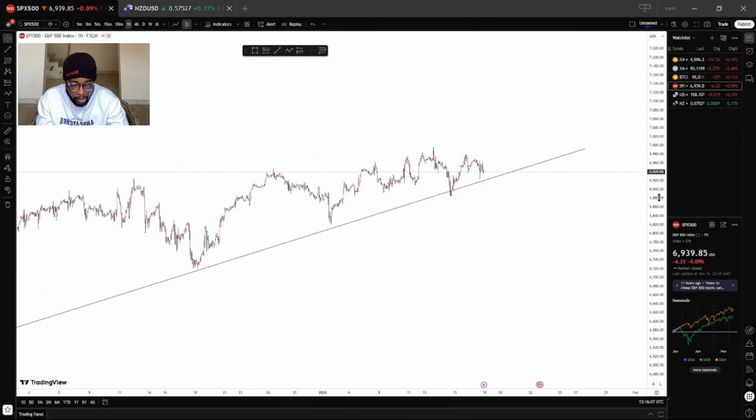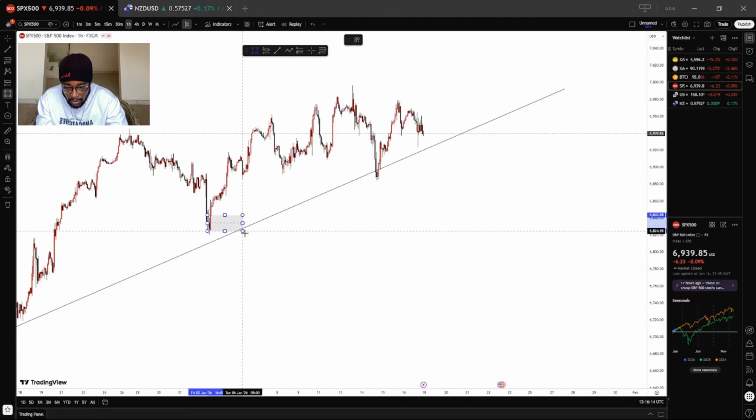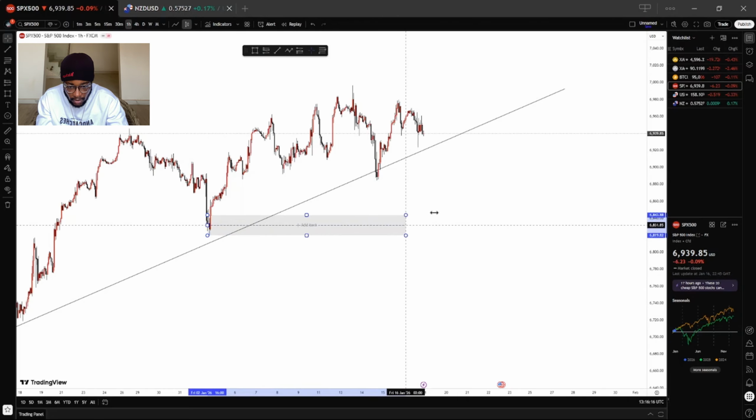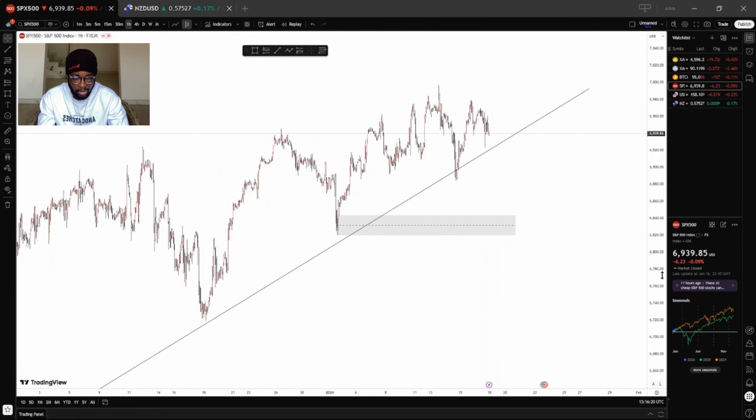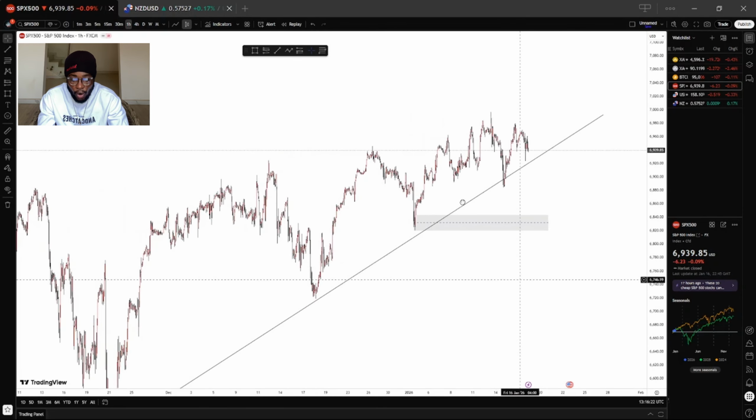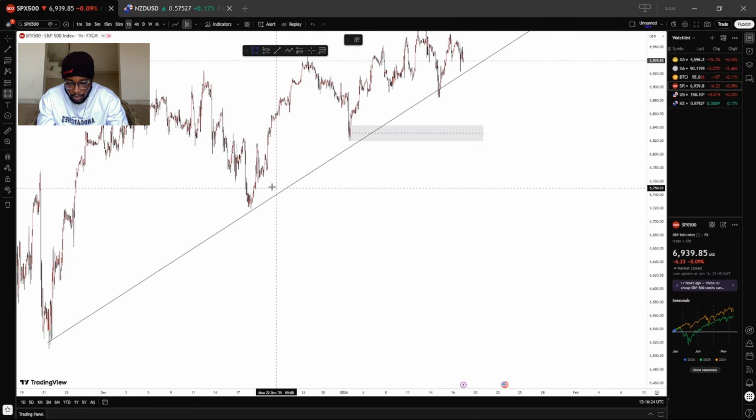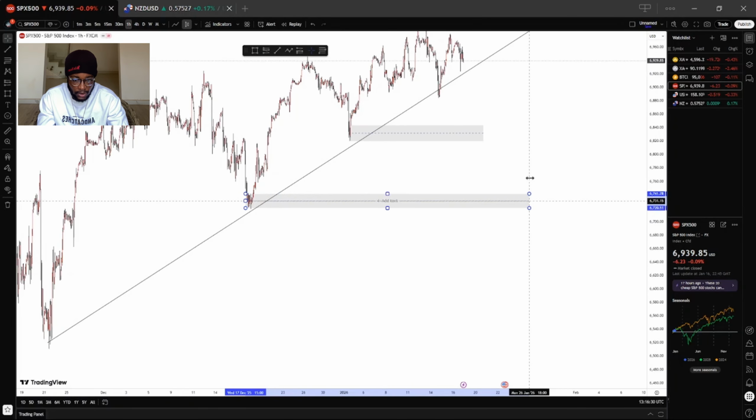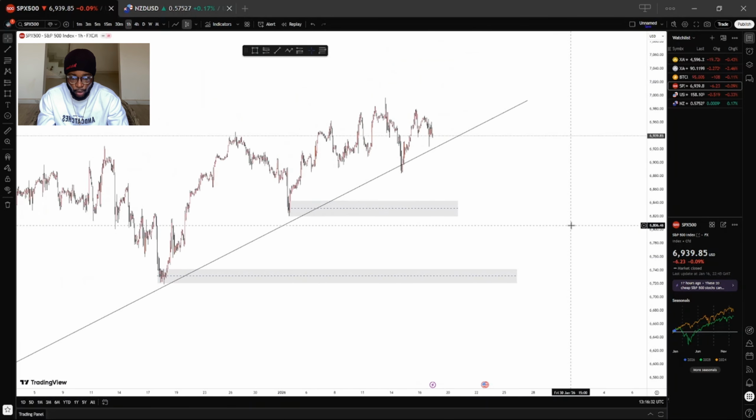If we break past the trend, I'll be taking my buys here at this level. Okay, if the trend is broken, I'll be taking my buys at this level or this level. So these are the levels I'm looking at to buy S&P long term.